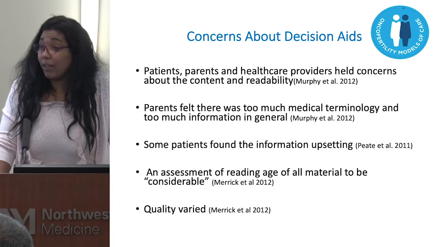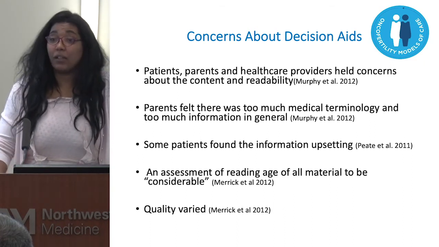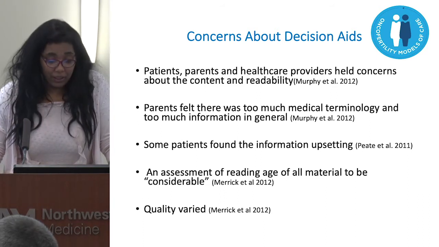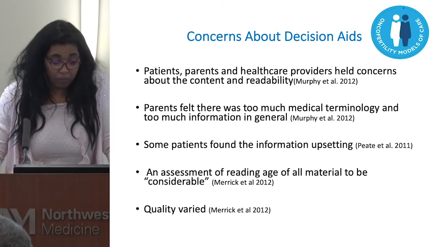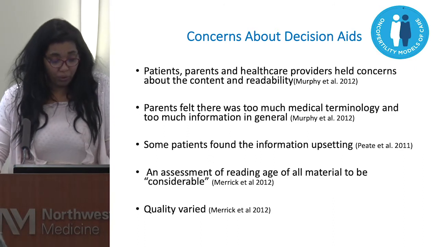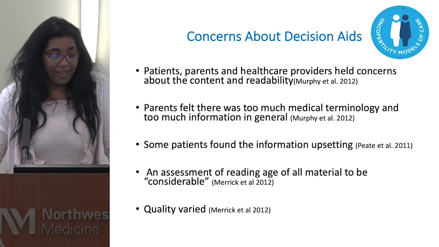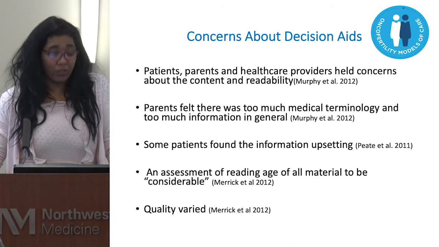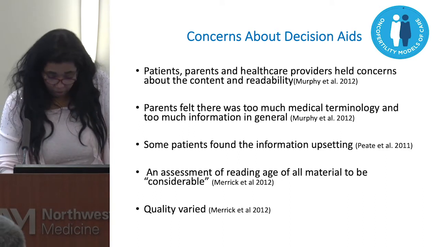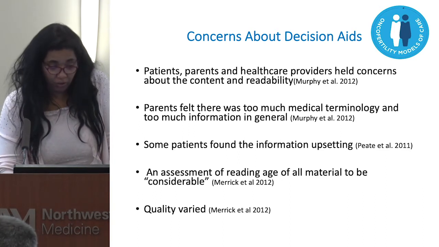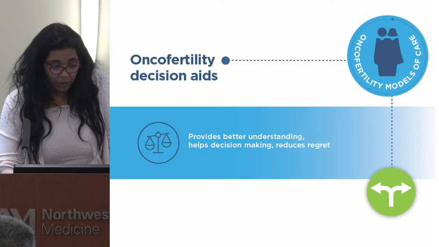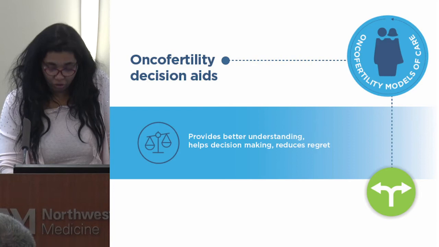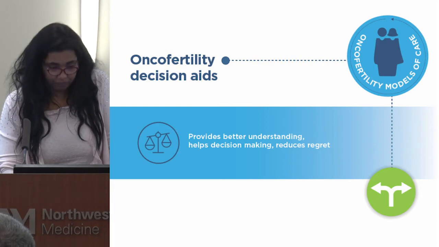Patients sometimes find the information upsetting, and even more reason to have good care navigation and support so that there are people who can go through this. Thinking about health literacy and the reading age of these documents is important, and certainly the quality has been shown to vary. So we know they provide better understanding, they help make decisions, and they reduce regret.